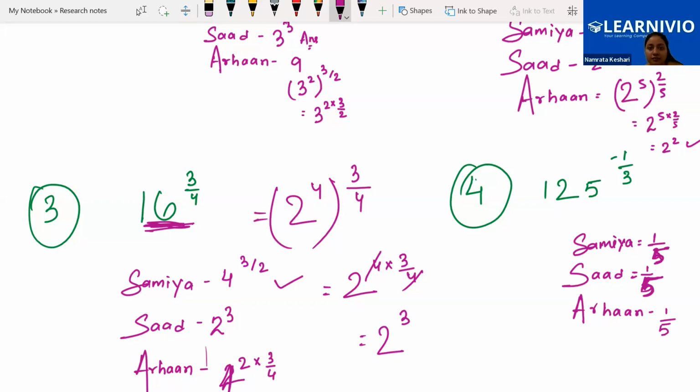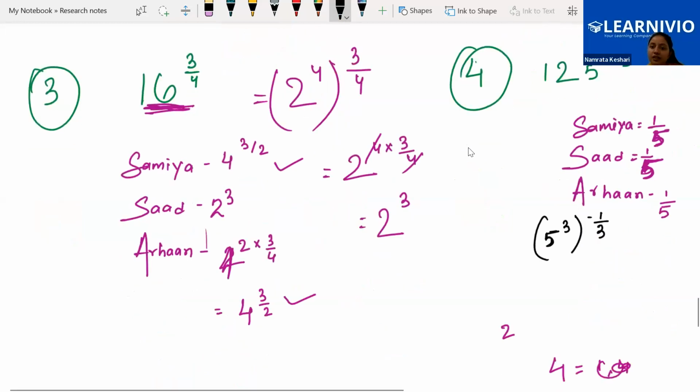Okay, let's check. 125 can be written as 5 to the power 3 and the whole is having power minus 1 by 3. Now when we multiply the exponents, it will be 3 into minus 1 by 3. This is gone. Minus 1 we are having. So it became 5 to the power minus 1.